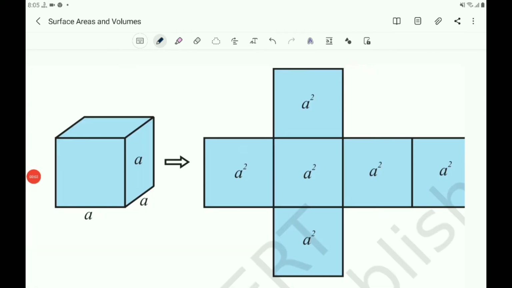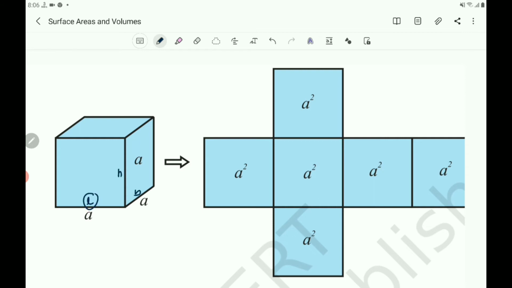Now let us come to the cube. You know that in cuboid the length, breadth and height are not equal. If length, breadth and height become equal, then it becomes cube. Here consider this is the length, this is the breadth and this is the height.